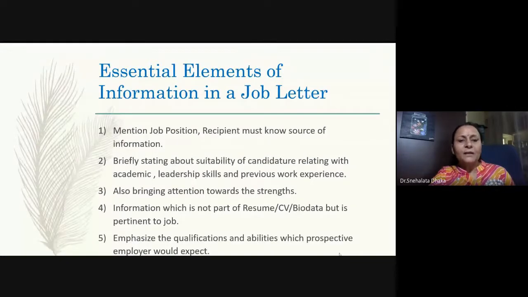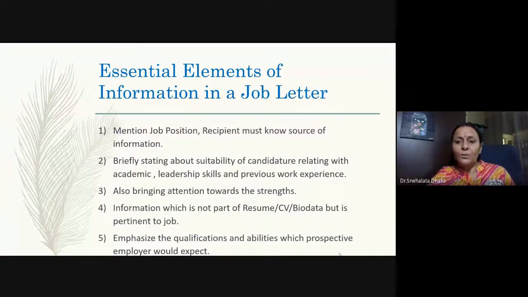Smartly one has to tell that one was academically good throughout the education period, or one or two important other pieces of information which are reflecting the leadership skills. Or just smartly one can tell that from this to this period he is continually working.